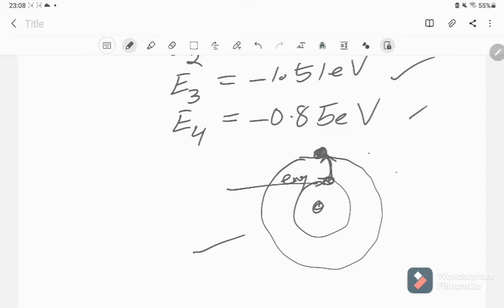But in the higher energy level, electrons are unstable, so it will again move to the lower energy level, releasing the same amount of energy it gained. It will release energy in the form of radiation or photon.